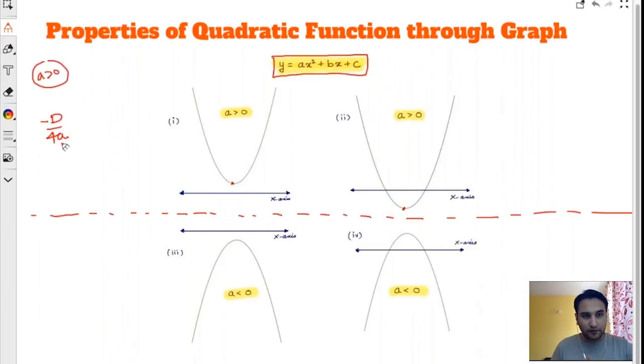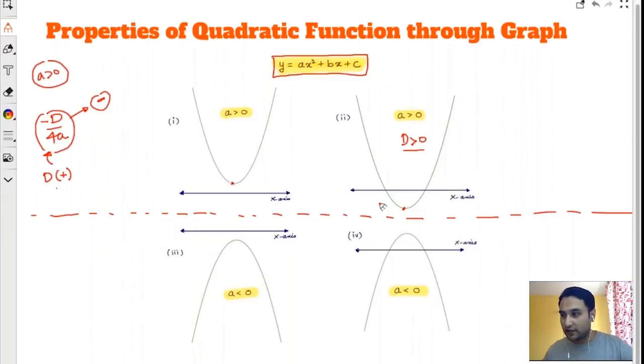If a is positive and d is positive, then this entire thing will become what? Negative. Agree? So, if d is positive, then the y coordinate of the lowest point becomes negative.